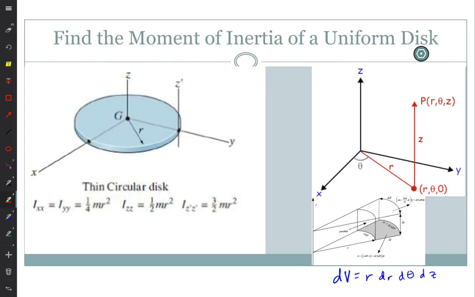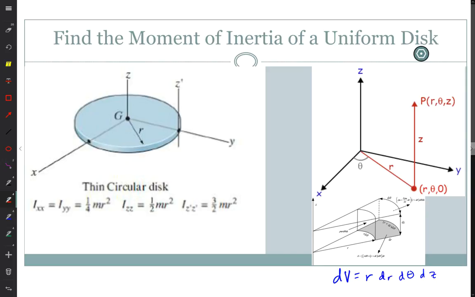But if I'm going to have dV, d volume, I need to have units for dV of distance cubed. So my dV can't be dr times dz times d theta, theta being the angle for the rotation, because that would have the wrong units. So this picture on the right illustrates how we get the right units.